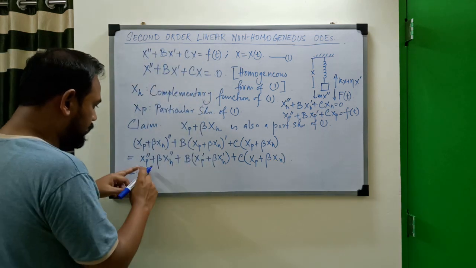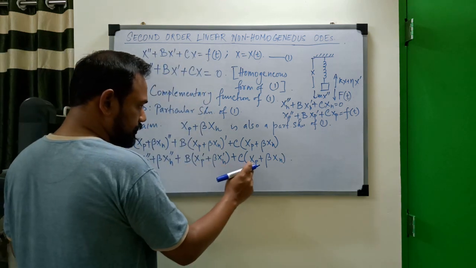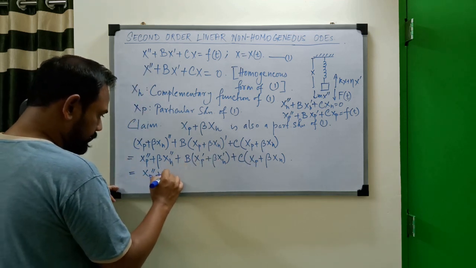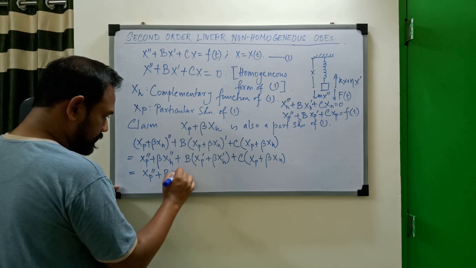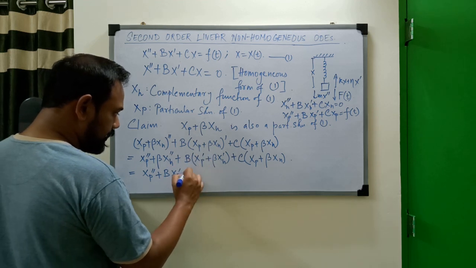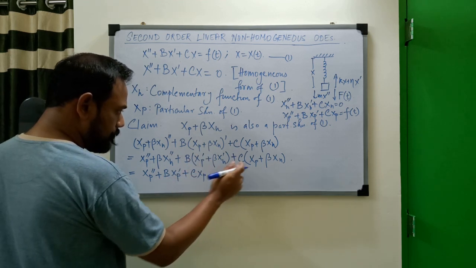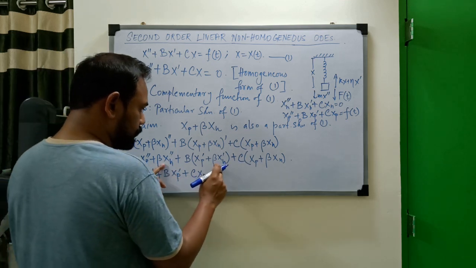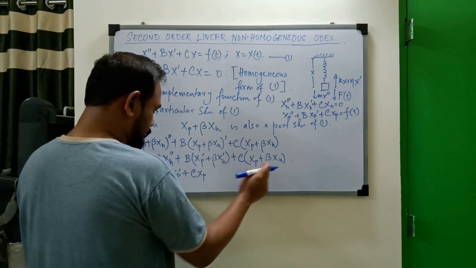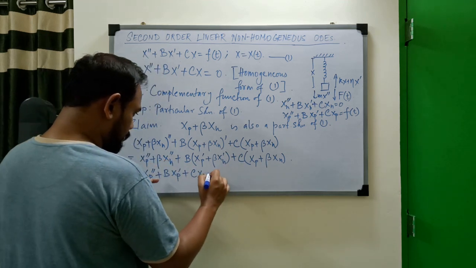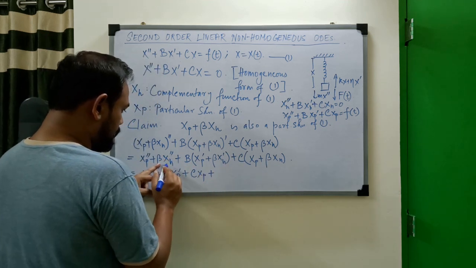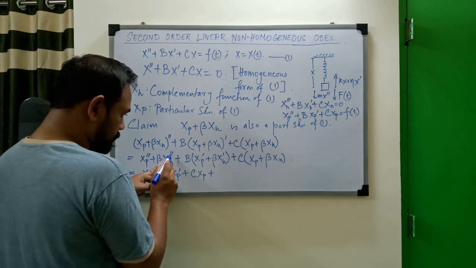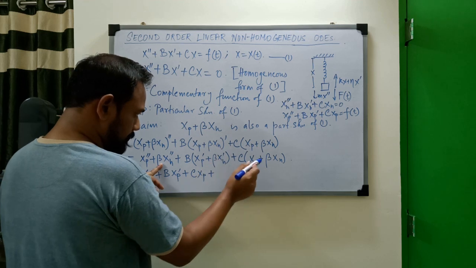Well, what do I get here? Can I group the particular solution parts here? So I will get xp double prime plus b xp prime from here, and a c xp from there. And what about the complementary function parts? So I will have, for all of these, beta common: beta xh double prime, beta xh prime, beta xh.